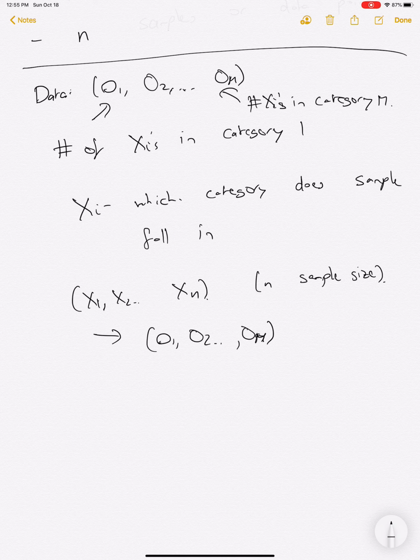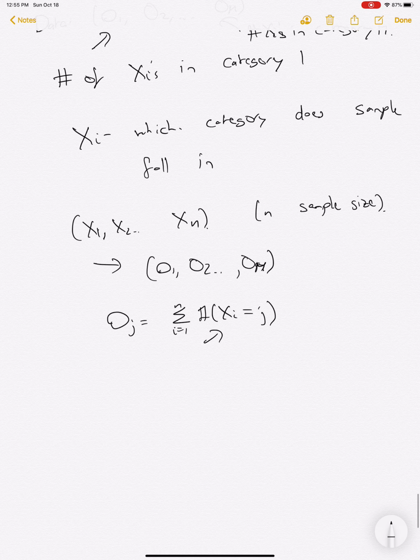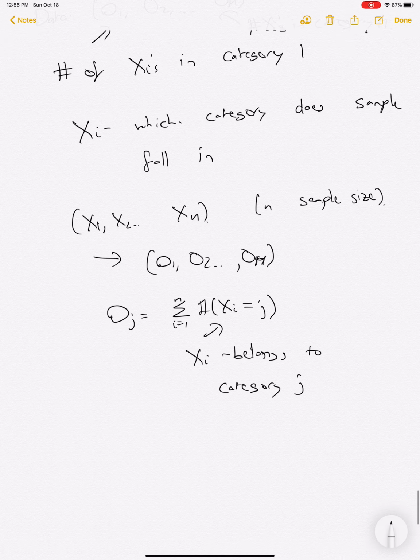So we can say that OJ is the summation i equals 1 to n of the indicator that xi belongs to category J.